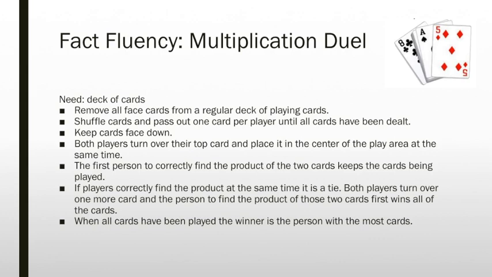And then both players will turn over 1 more card, and the person to find the product of those 2 cards first will win all of the cards. And you can play just through one deck, you can play until all of the cards have been played, and whoever has the most wins, or you can play until one person has all of the cards.